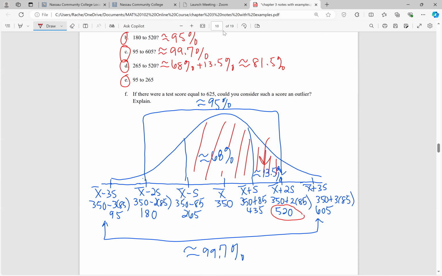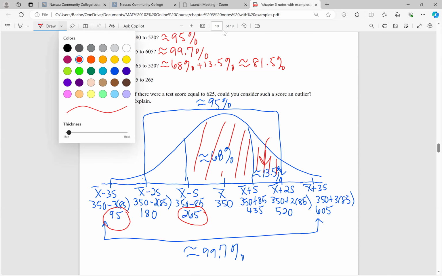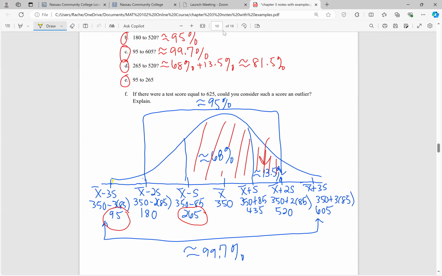Part E says, what percent of the scores do we expect to be between a 95 and a 265? So I circled those two scores. And let me shade that area that we're looking for. I'll use yellow this time. So we want to find the percent of the scores that live between a 95 and a 265.